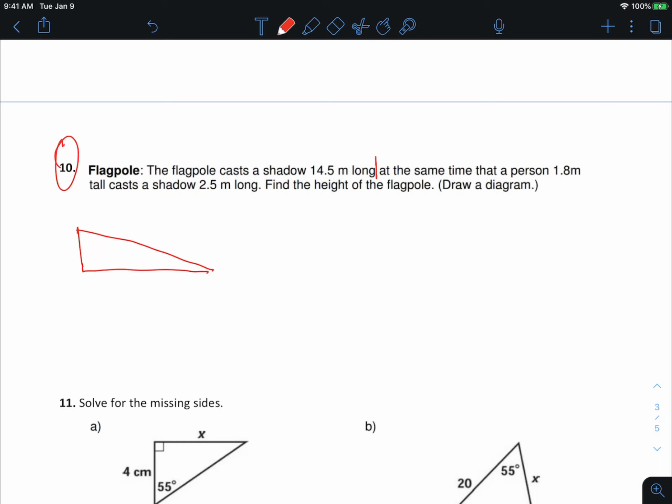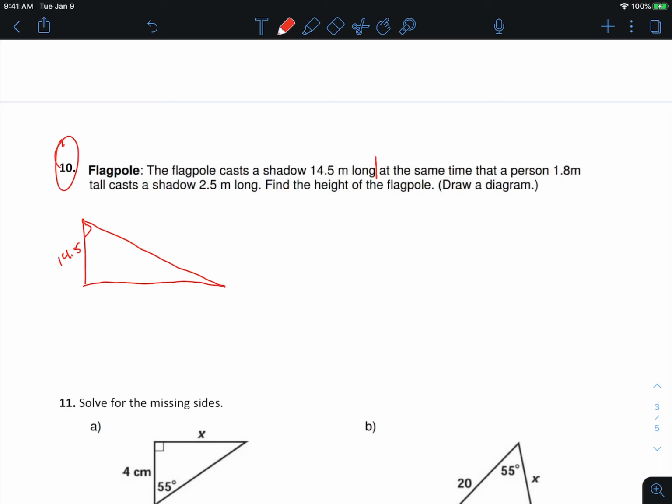Oh, we maybe misdrew. When you draw these diagrams, I don't know how long the shadow is going to be, but make sure they proportionally kind of make sense. So this is going to be 14.5, right? That's the flagpole. You could even draw a flag there.